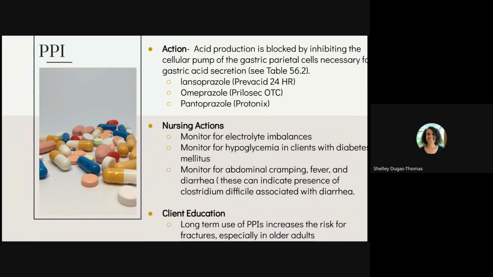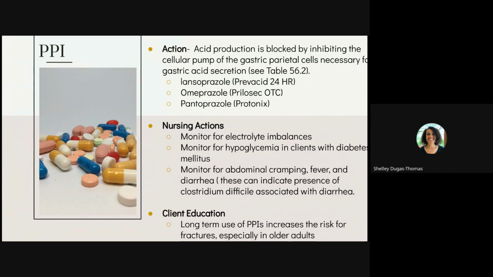Proton pump inhibitors block acid production by inhibiting the gastric parietal cell pump responsible for secreting stomach acid. Common examples include Prilosec and Protonix. Those are some of the most common, and also Prevacid.